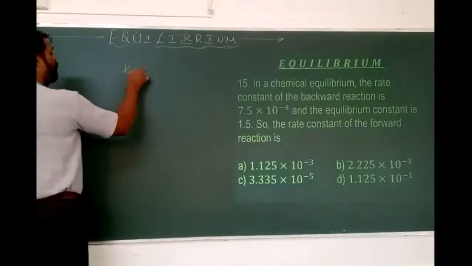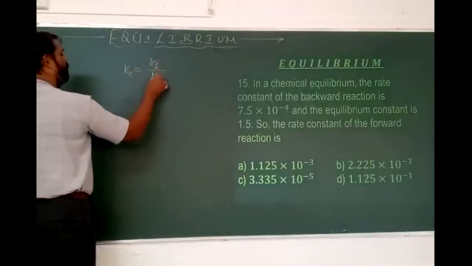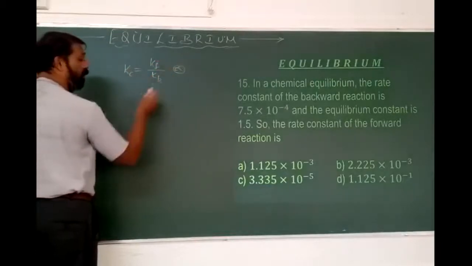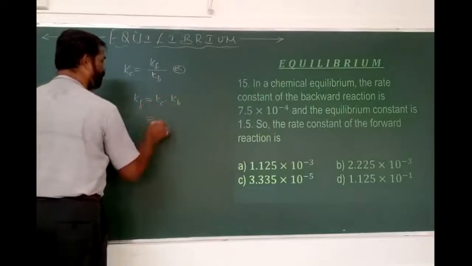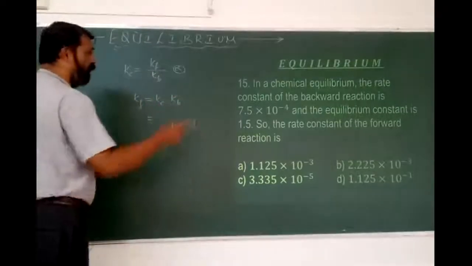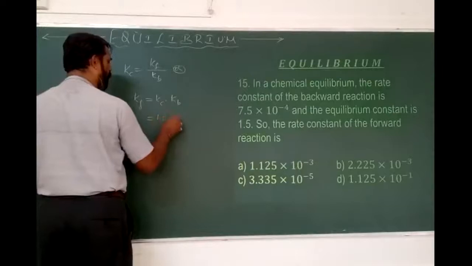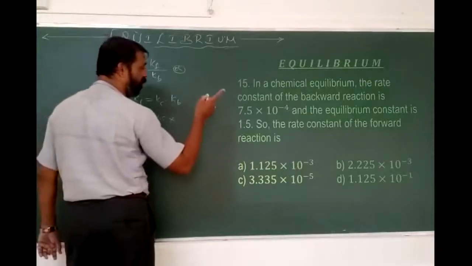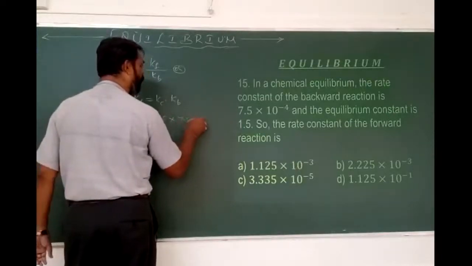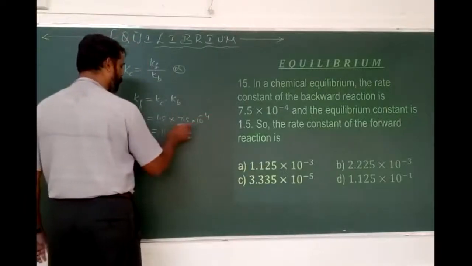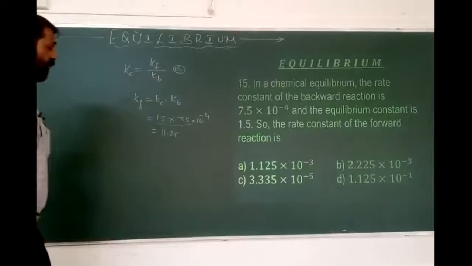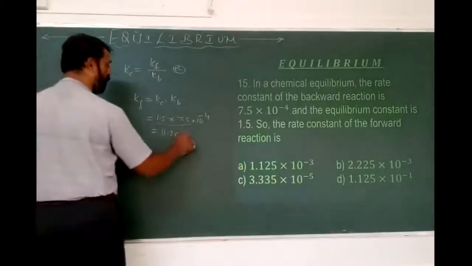We know that Kc is equal to Kf by Kb, so Kf is equal to Kc into Kb. Kc is 1.5, and the backward rate constant is 7.5 into 10 to the power of minus 4. 7.5 into 1.5 is nearly 11.25 into 10 to the power of minus 4.